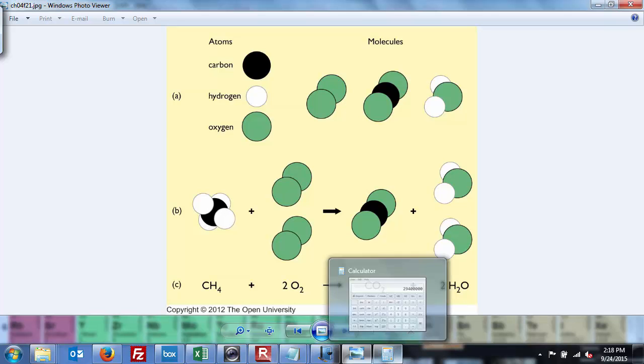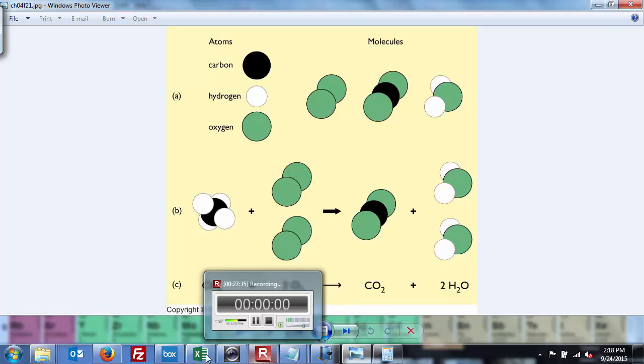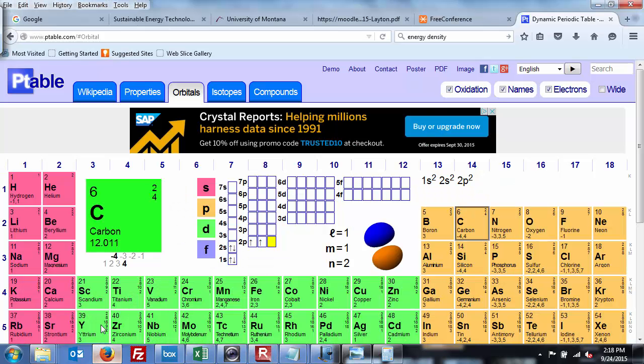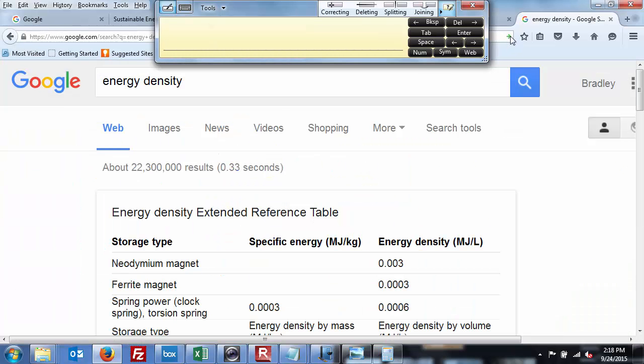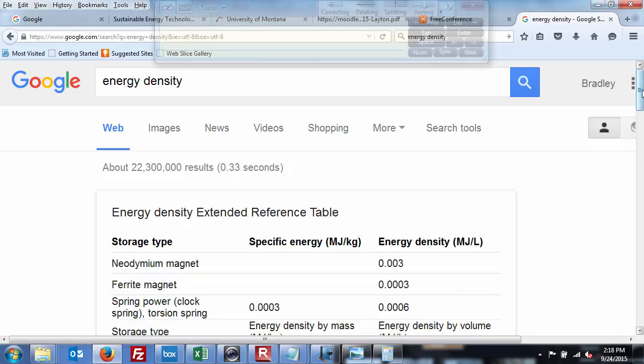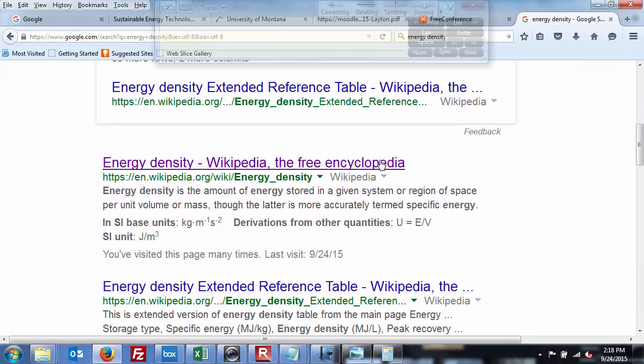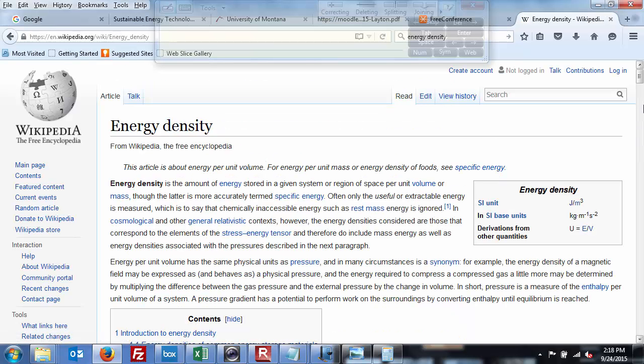Let's see how that compares to the website we were just viewing. Let's go down here. What did I say? 28. So the book says 28 megajoules per kilogram.